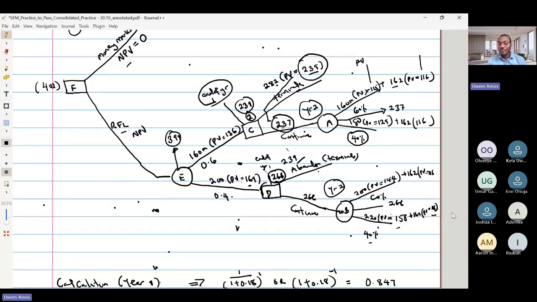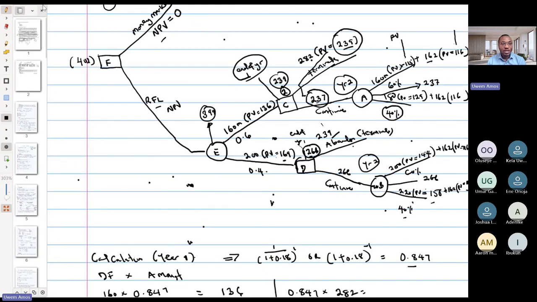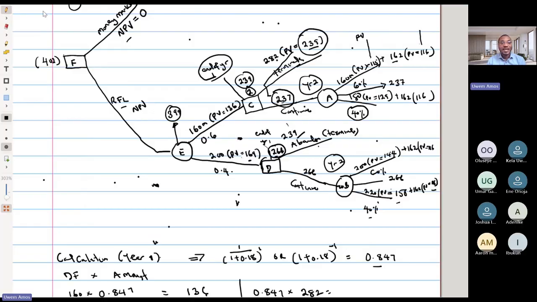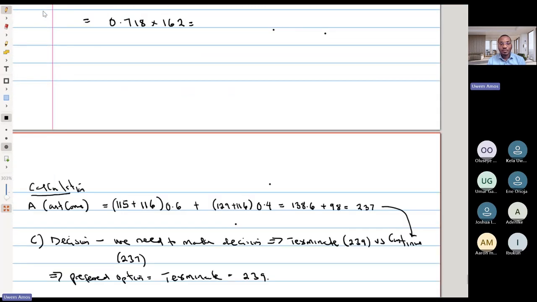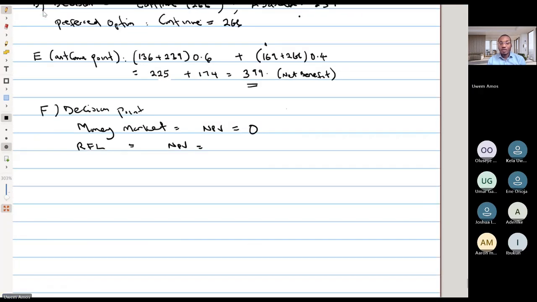So what would be the NPV? Your inflow is 399, your capital investment would be 402. So let's do that quickly: 399 minus 402. So you have an NPV of -3.